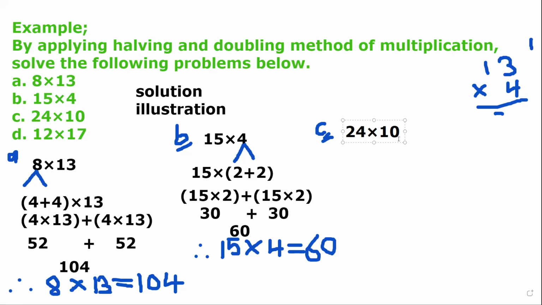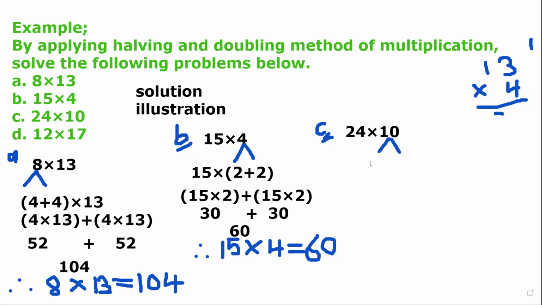So you find the half of the 10, okay? So using the halving and doubling method, you first find the half of the even number, and you use each of the half to multiply the other number. Then after that, you add the product of each. Okay, good. So here we are going to find the half of 10. Though they are all even numbers, when it appears like this, you choose the smaller even number here so that your multiplication will be easier and in simplest form.